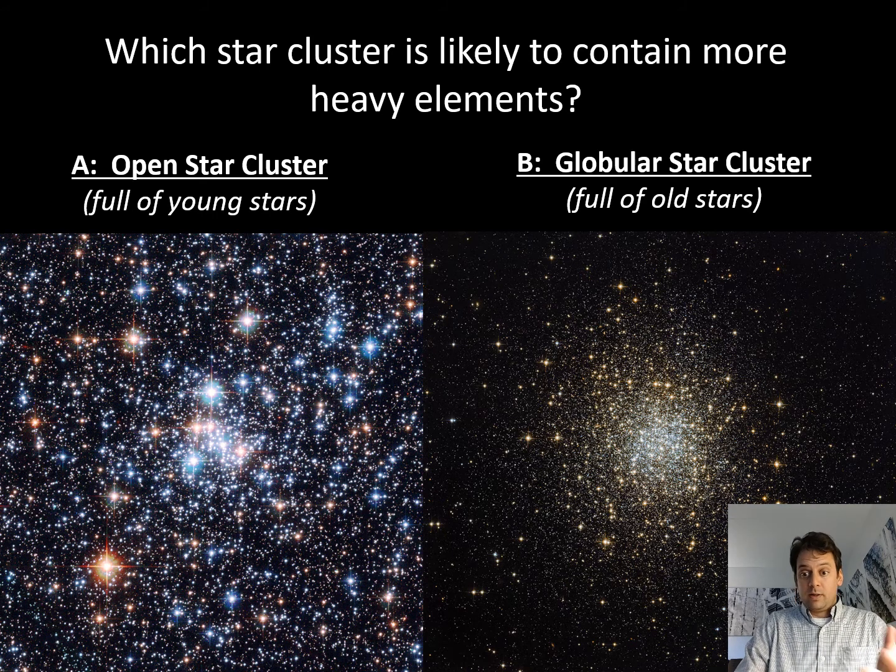And so, as you might expect now, the open star clusters could be expected to have more heavy elements. They have the young stars, the hot blue stars that you can see here in the picture that are capable of producing those heavy elements, both through the S process that leads up to iron.